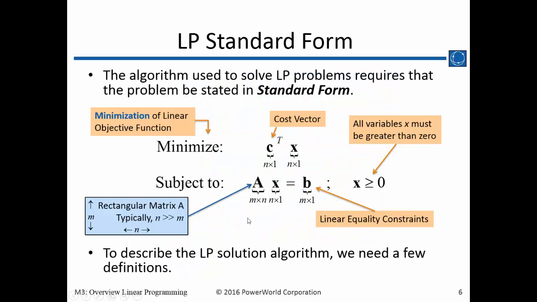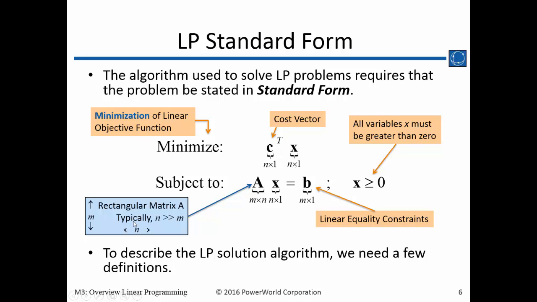Again, looking at the linear program, it's trying to minimize a cost function where n is the number of controls and m is the number of constraints. So you have a different row in this equation for every constraint, and n is how many controls you have, typically generator controls.